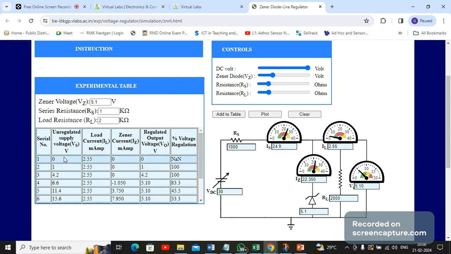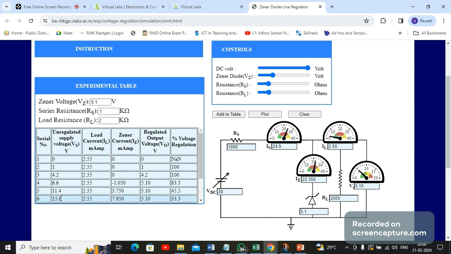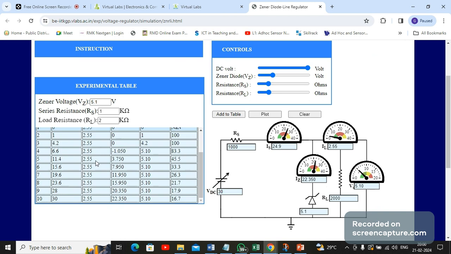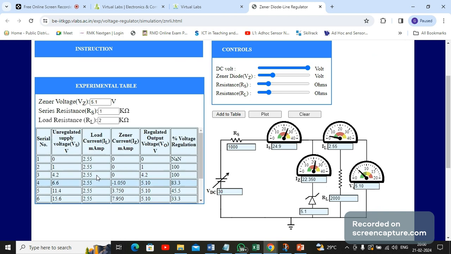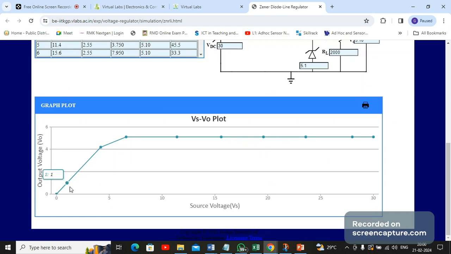If I look at the tabulation, your source voltage is varying from 0 to 30 volt, and the load current remains constant. Let us make a plot of this. This is at 0 source voltage and this is at 4.2.